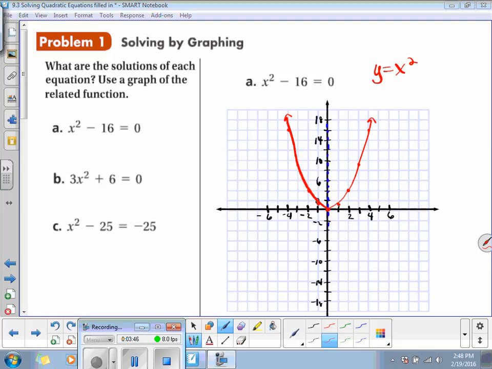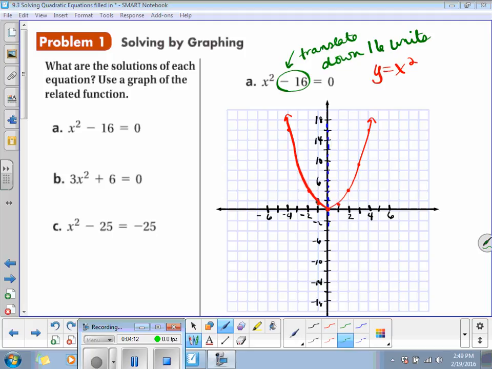If you look at this equation, x squared minus 16 is equal to 0, what does this tell you is going to happen to that parent function? It's going to move down 16 units. All right. So this negative 16 tells us that we're going to translate down 16 units.